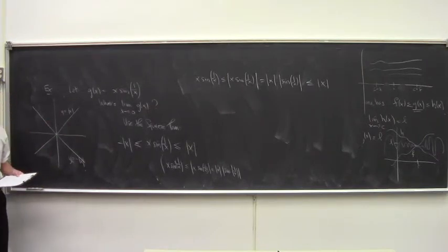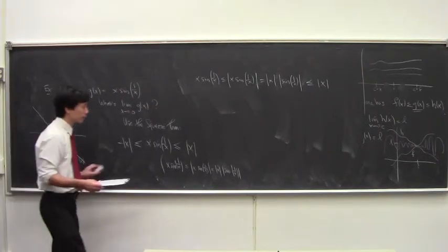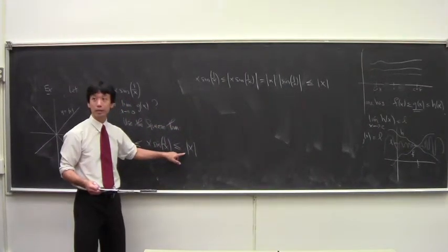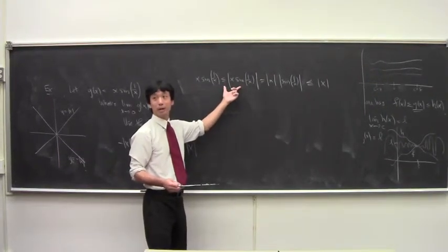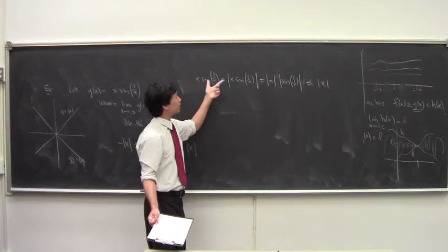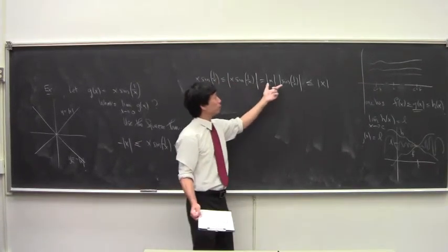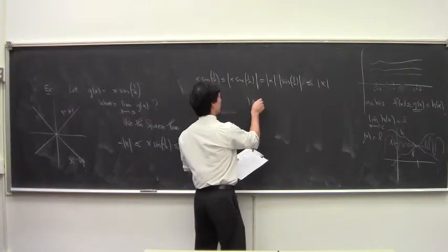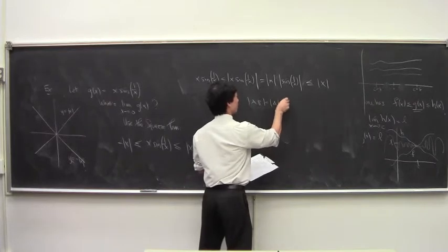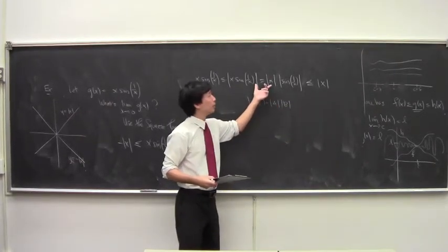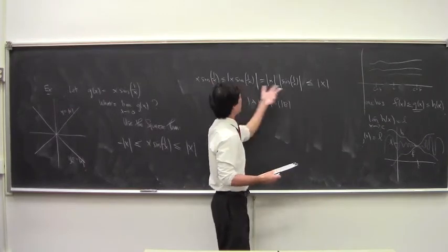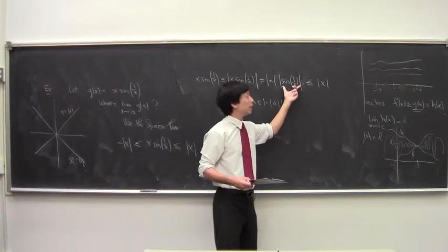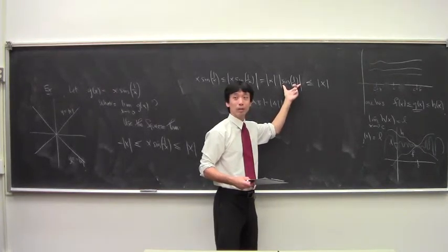Sorry, I'm confused about where you're getting the absolute value. This part? This thing here? How about up here? This thing is smaller than its absolute value. This thing equals the product of absolute values, because the absolute value of A times B is the absolute value of A times the absolute value of B. So this thing is smaller than this product, and I know that the absolute value of the sine is smaller than 1.